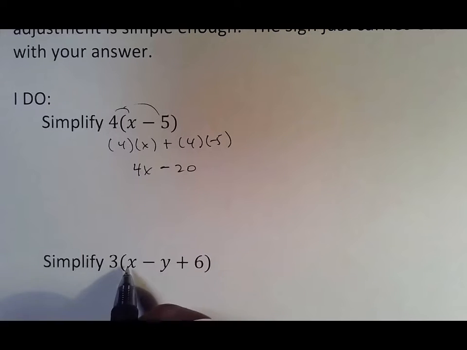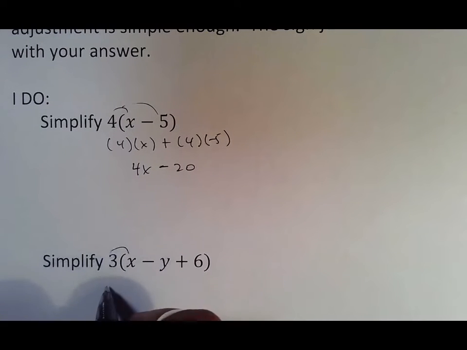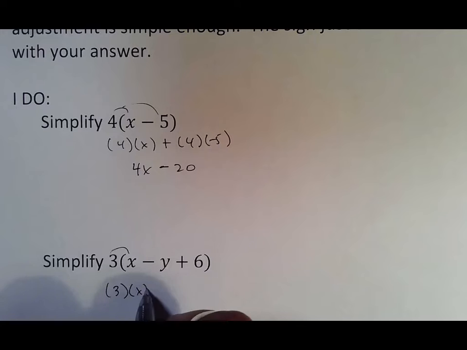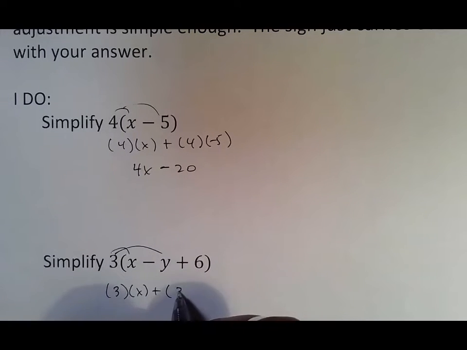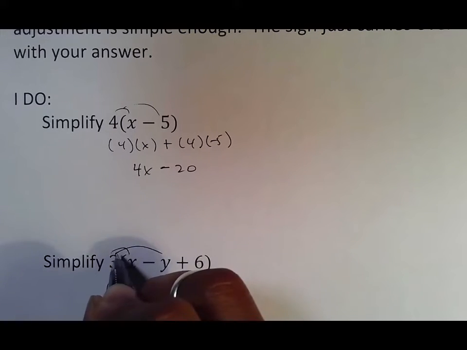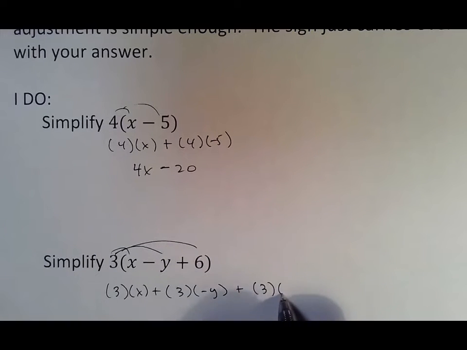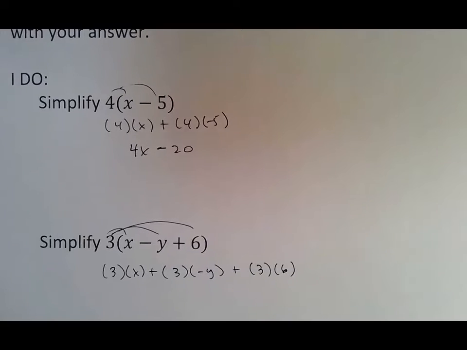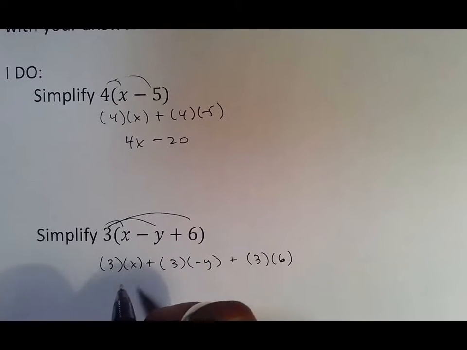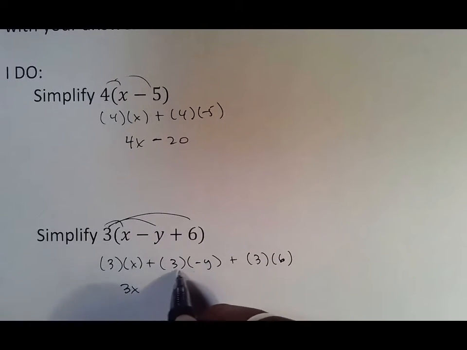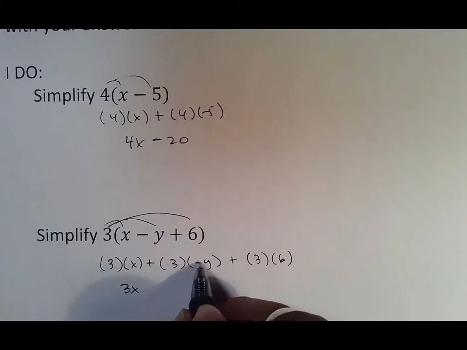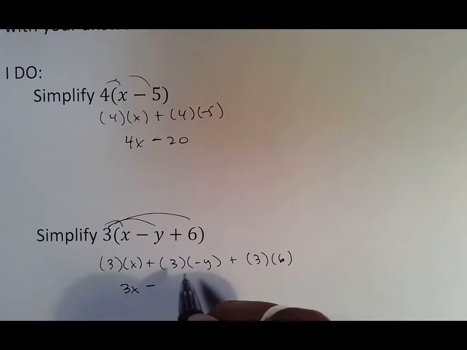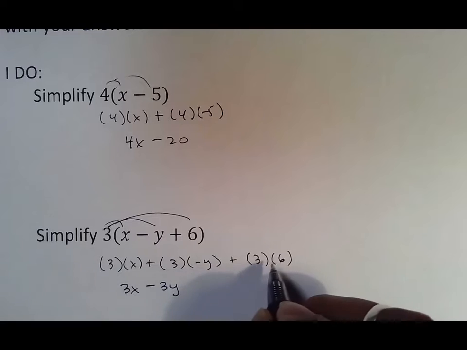One more here. You've got 3 terms. So 3 meets x, and that will always be a plus. 3 meets negative y, and 3 meets 6. With that being the case, it turns into 3x. Remember that whenever the signs are different, we are going to have a minus answer, so minus 3y.